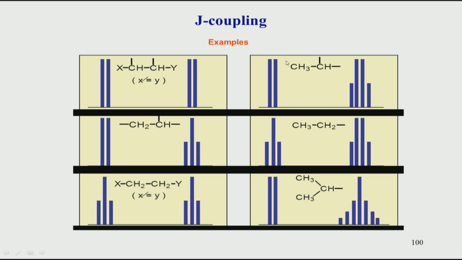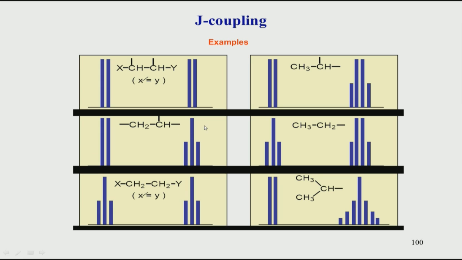So, you expect this unit to be 3 times stronger than this, but for the sake of explanation I have ignored the intensity right now. You have to only focus your attention on the peak pattern. Now, look at this peak pattern here. This is CH2. We are assuming these 2 are chemically equivalent, and therefore, these 2 together act as one unit. Both of them are split because of this hydrogen into 2, and that is the CH2 peak that you are seeing on this left side.